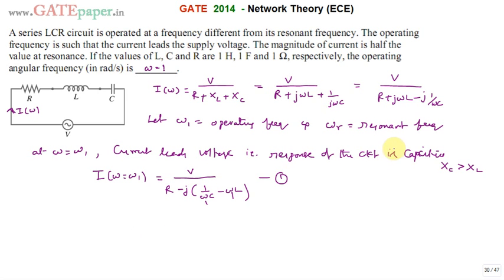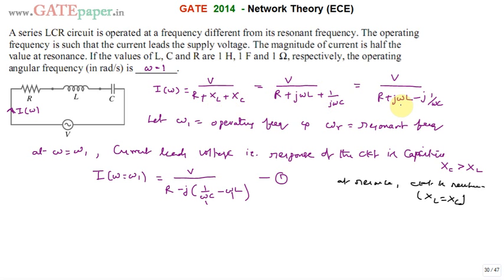Okay, and at resonance, the circuit is resistive only, because XL is equal to XC. By that time you don't get this term.